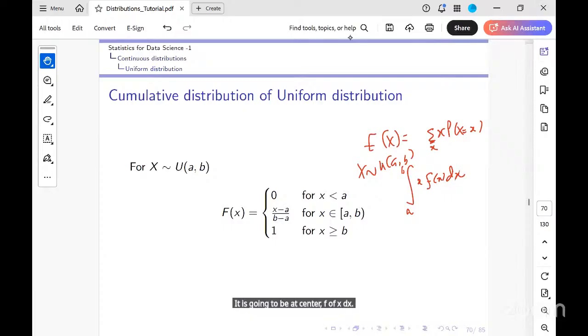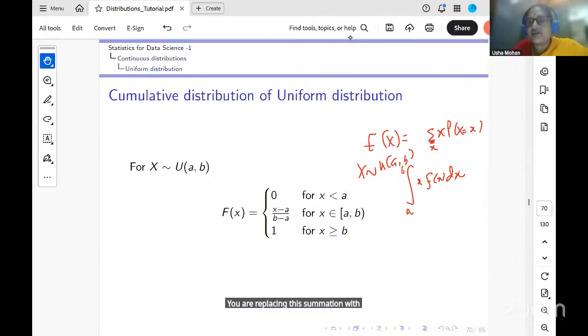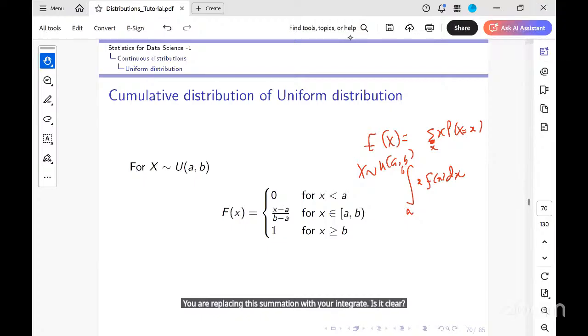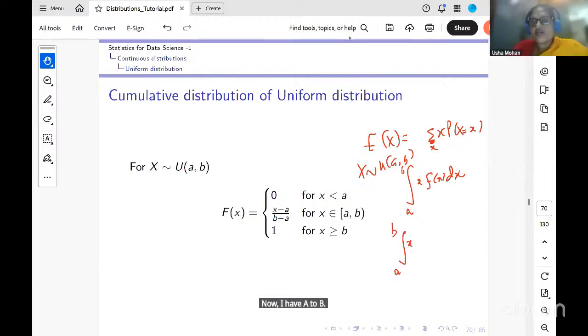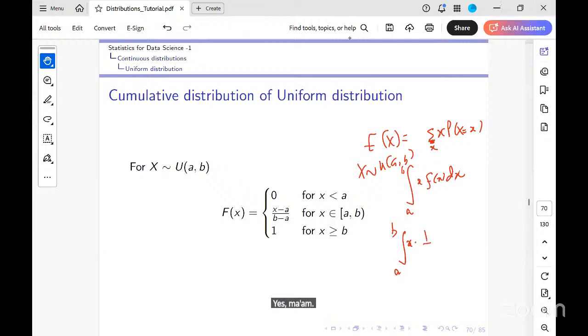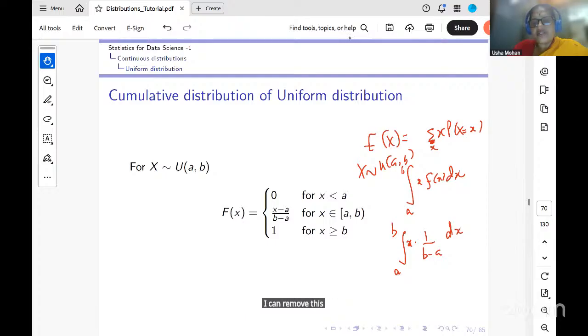You are replacing the summation with your integral. Is that clear? Now I have A to B, X, what is f of X? It is 1 by B minus A dx. I can remove this 1 by B minus A. This is going to be the integral from A to B of x dx. What is integral x dx?